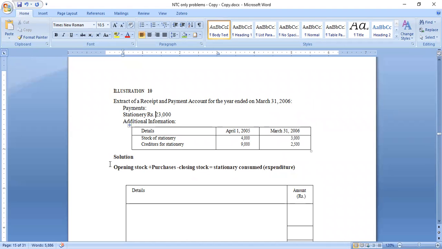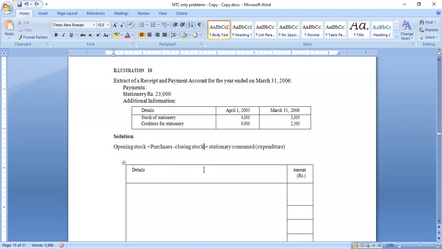Generally, we know the procedure: opening stock plus purchases minus closing stock, then we'll have the stationery consumed. So here, what is the opening stock of stationery, how much they purchased, and what is the closing stock? How do we find the stationery consumed?